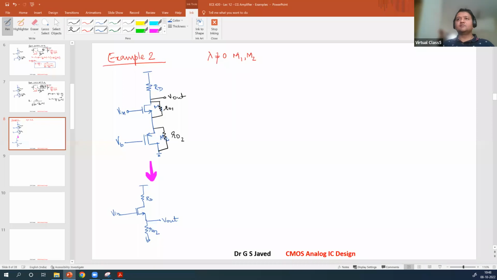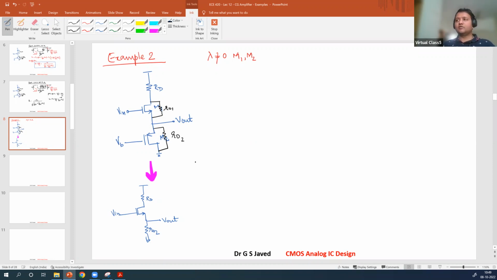This is the speciality of the circuit. What will happen here? This is the output here that you see. Since this is the load that we are applying and checking the output here. What does this look like? This is a constant current source.